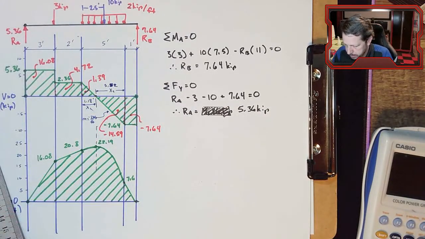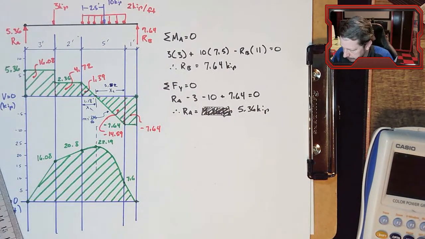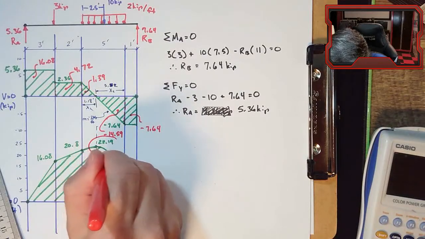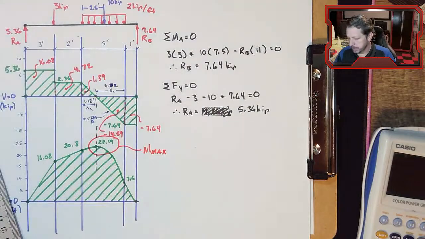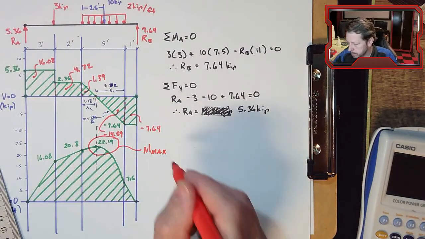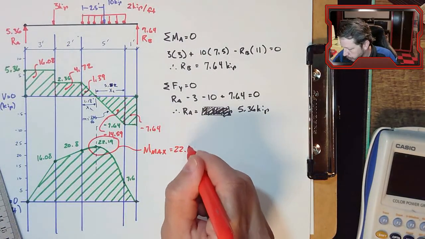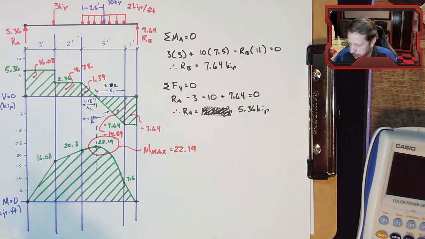All right, but here is what we were looking for. We were trying to find the maximum moment, which we have found to be 22.19 units of kip feet.